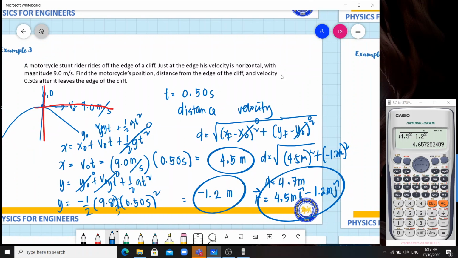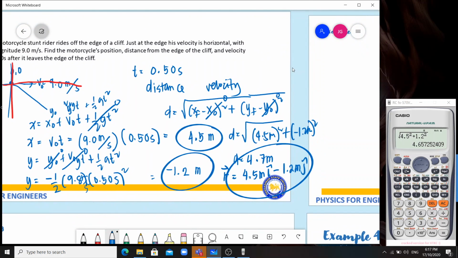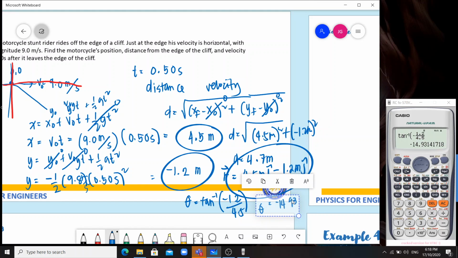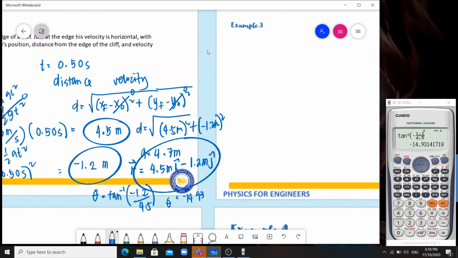Ayan. We can have that. Okay? So, next, we can get the angle of direction. So, that is the inverse tangent of negative 1.2 over 4.5. Kunin natin yung angle. Negative 1.2 over 4.5, negative 14.93. So, kung ipa-plot natin siya, ito si motorcycle.